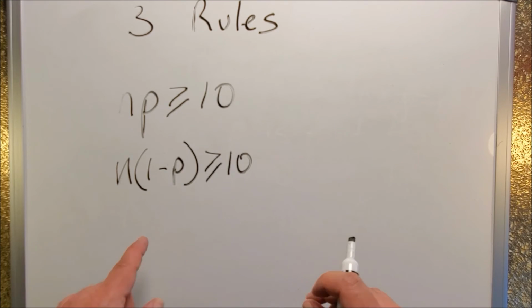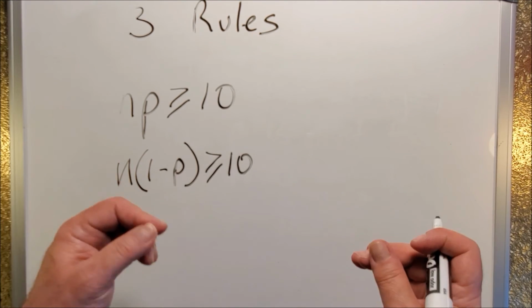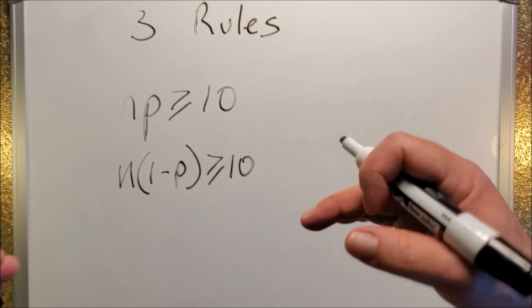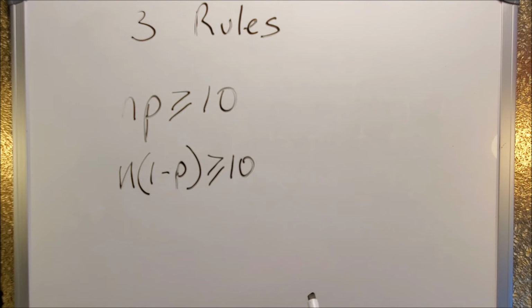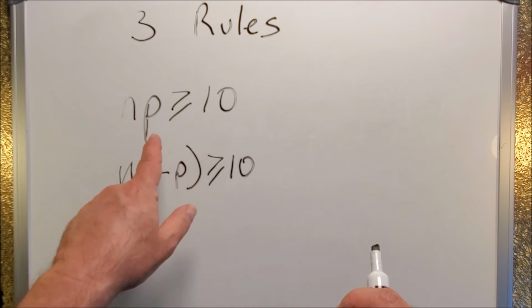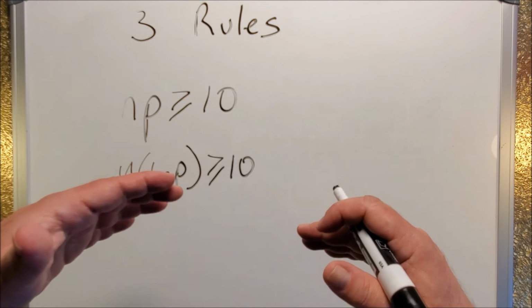Bear in mind that whatever we consider to be p, the thing that we're seeking or investigating or defining as a success, it's almost arbitrary. If I'm interested in people that support this new terrible movie, somebody else might be interested in people that oppose it. So their 1 minus p is my p, and my 1 minus p is their p.